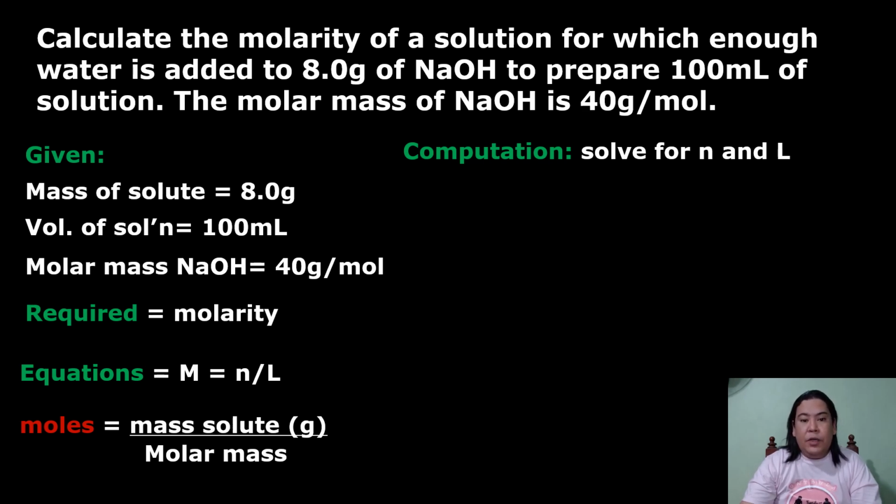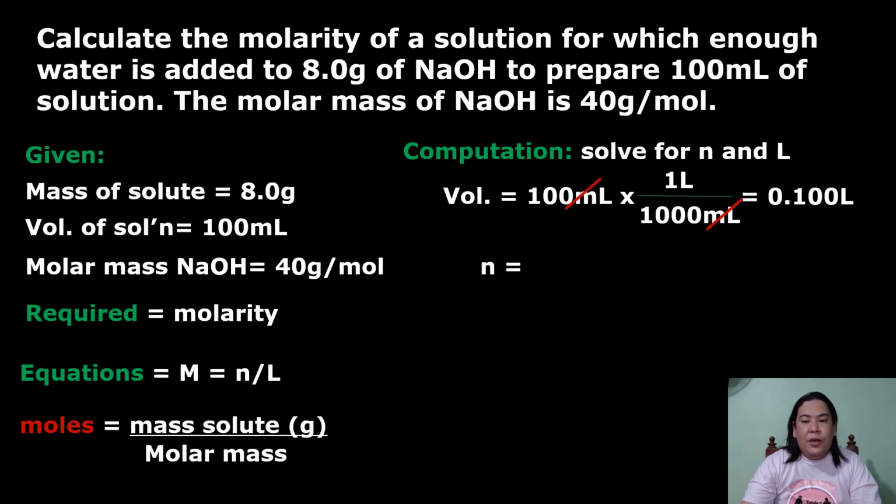So you have to convert first 100 ml to liters. Then you will get 0.100 liters, and then compute for the number of moles by using this formula. N is equal to the mass of solute in grams divided by the molar mass of solute, and then cancel the unit in grams, and then you will get 0.20 moles.